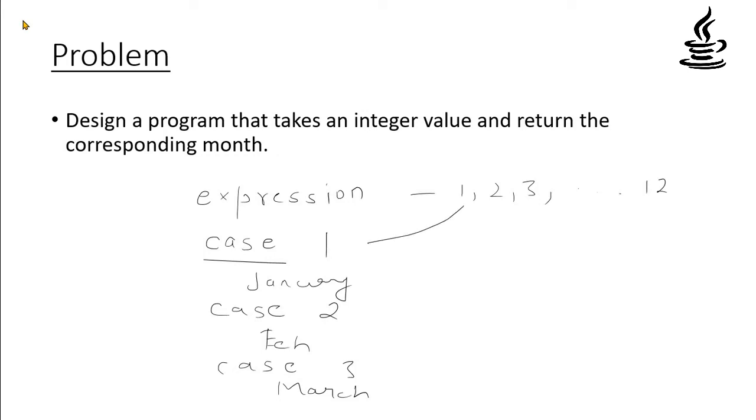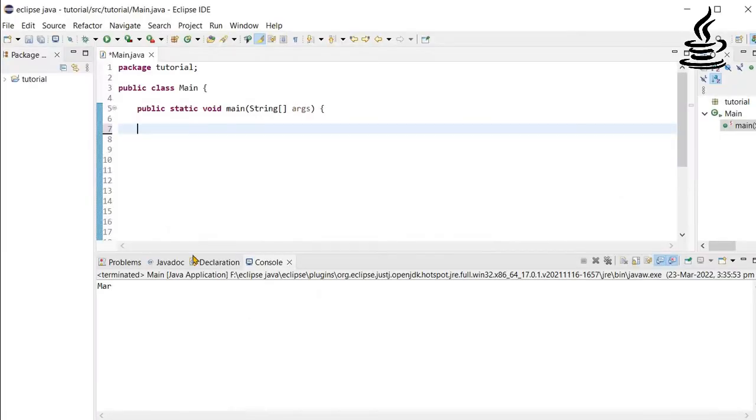Because these are the different cases, the value which the user inputs is first checked against the cases, and if the expression value corresponds with a case, then that statement sequence will be executed. So let's head over to Java and see how this can be designed in the Java programming language.